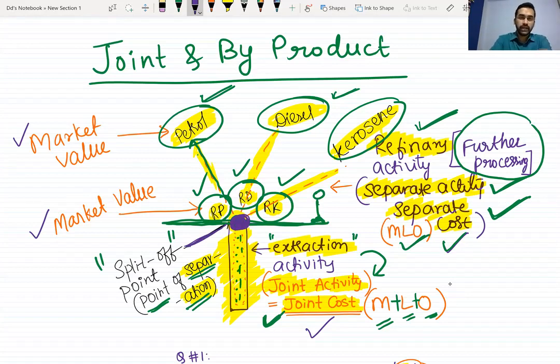Okay, there write as RP, raw petrol. If you want to write full raw petrol, here it is. Raw petrol, then raw diesel, and then raw kerosene.